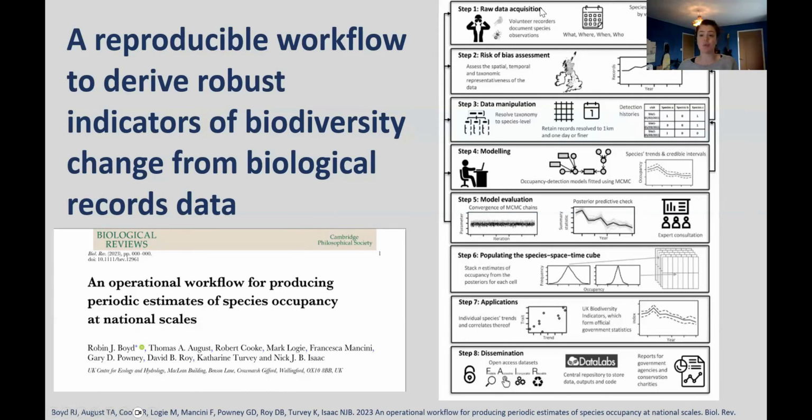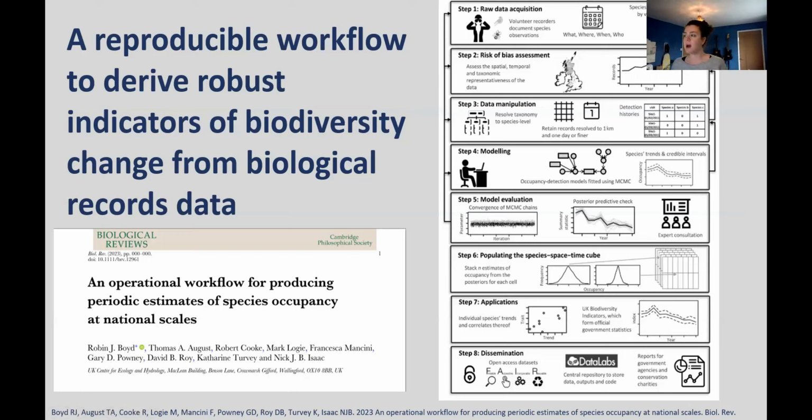It really starts with the volunteer recorders who go out and collect the data every day. And then the species records are verified by taxon experts. After that, we need to look into some of the biases that might be present in the data. So we do a sort of risk of bias assessment to assess the spatial, temporal, and taxonomic representativeness of the data.